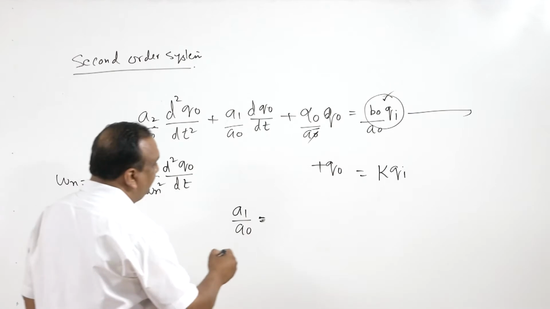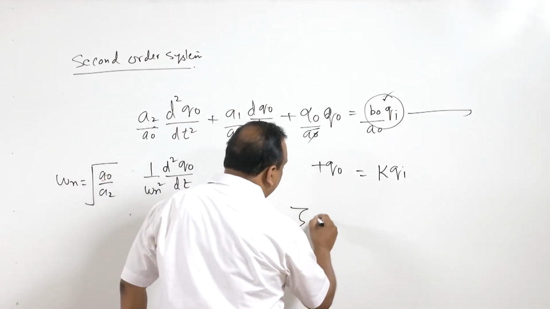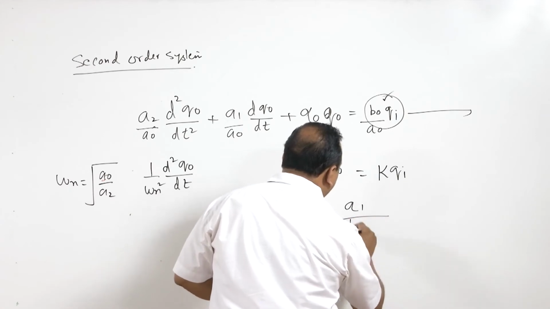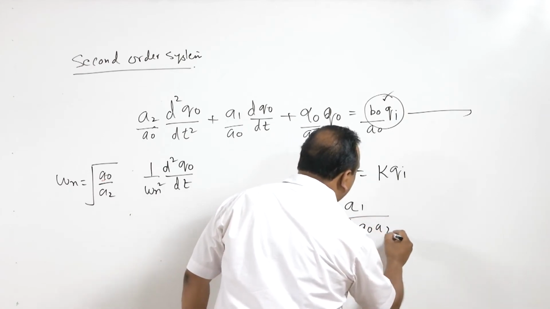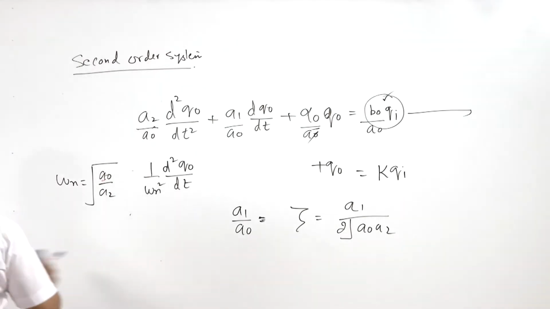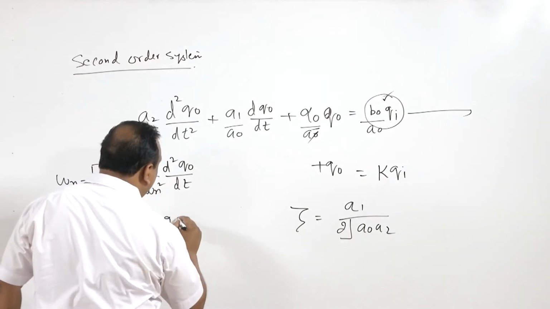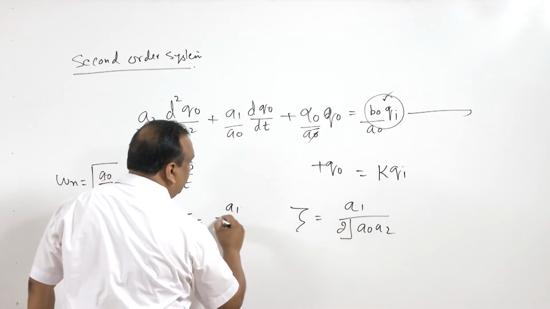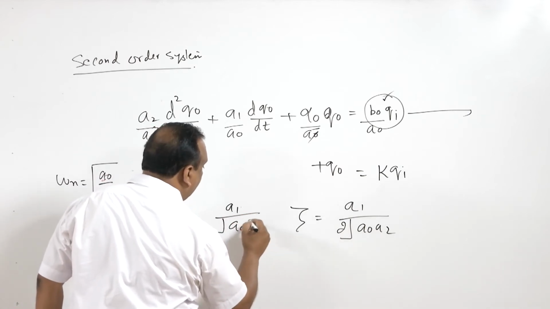Zeta we have defined as A1 by 2 under root AO A2. So if we take 2 zeta, then 2 zeta is equal to A1 by under root AO A2.